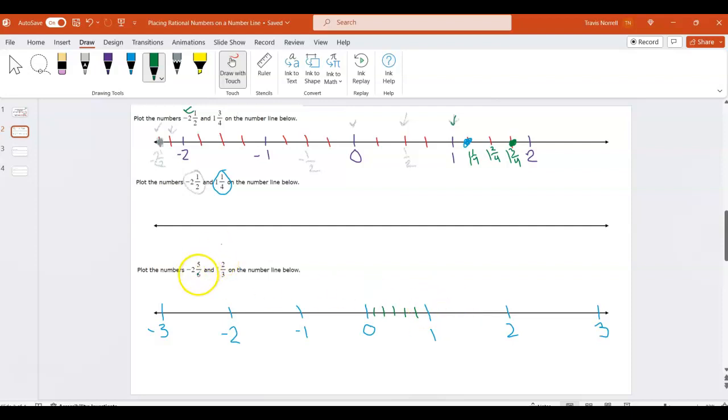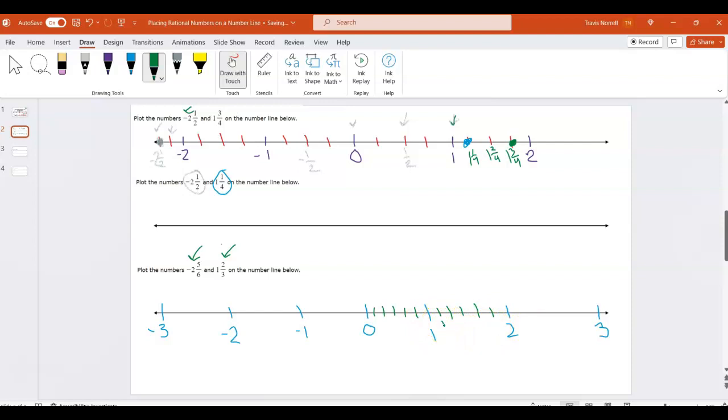Okay, now notice the sixths are going to be in my -2 value, so I'm not going to worry about that just yet. I want to go on to 1 2/3, so that's going to be over here. So I'm going to break this up into thirds, and then I'm going to break each third into 6. Now, this is what ALEKS is going to look like. It's actually going to be broken up into 6.